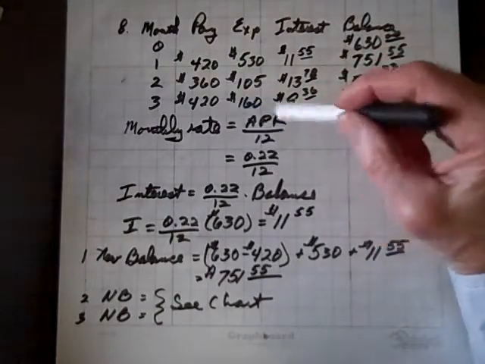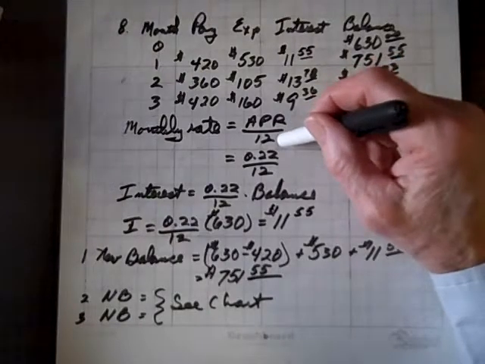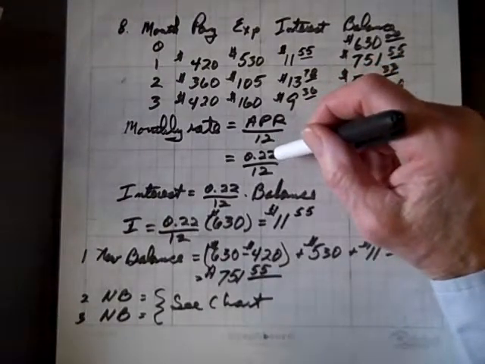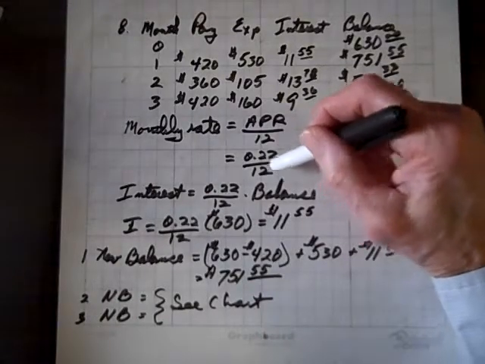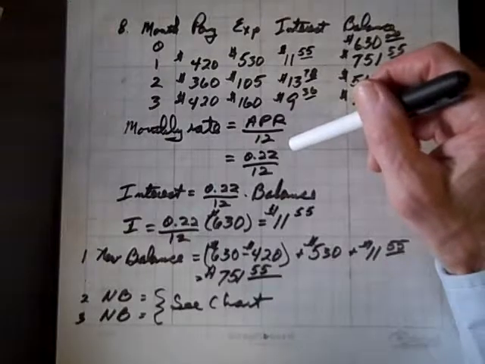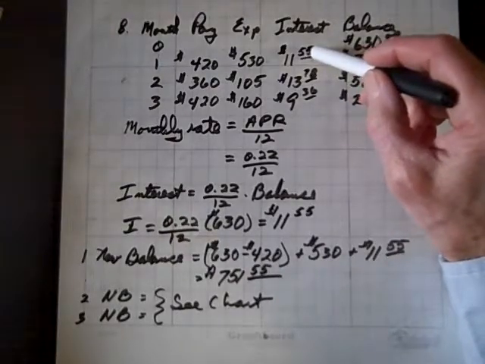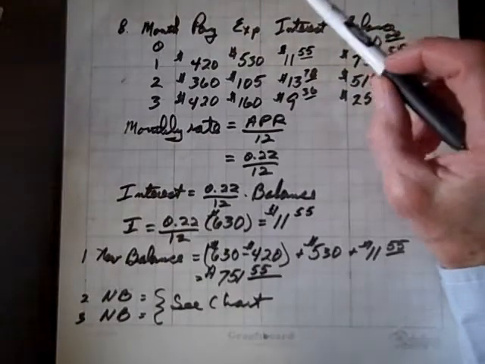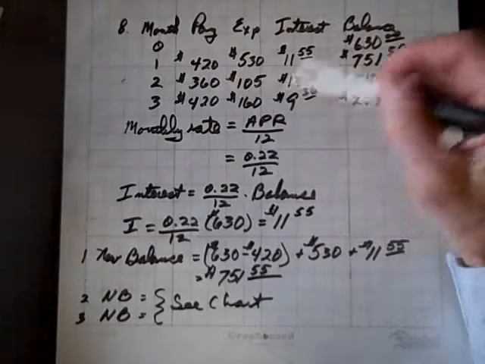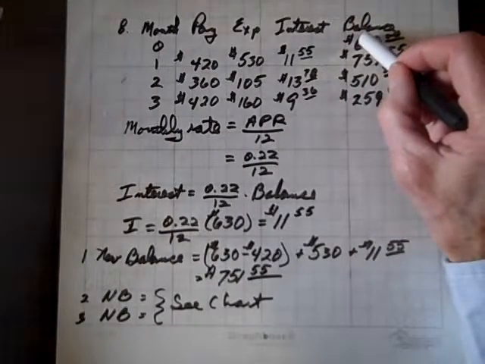First of all, the monthly rate is the annual rate divided by 12. So our rate, APR is 22%. We'll divide that by 12 and we get the monthly rate. Now, to find the interest, the value we're going to put in this position, first thing we do is multiply that monthly rate times the balance in the line above.